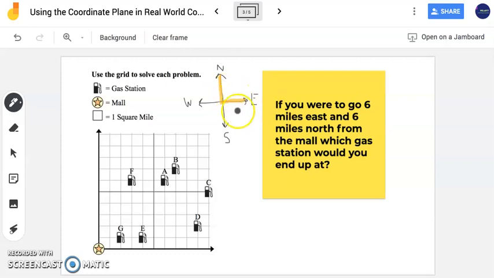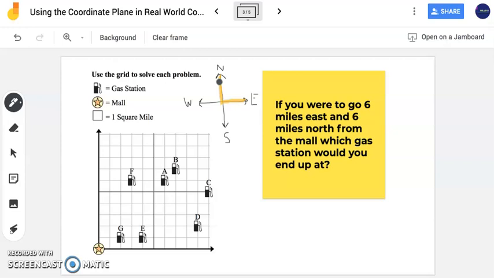And quadrant 1 is all positives along my x and my y axis, which if I start at my origin and I say, okay, I'm going right, that's telling me I'm going east as well. If I'm starting at my origin and I'm going up, that's telling me I'm also going north. And it's important to use this compass when you're reading a map or when you're identifying things on a coordinate plane.